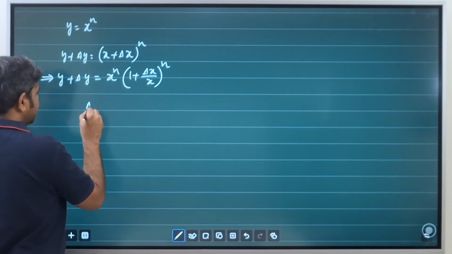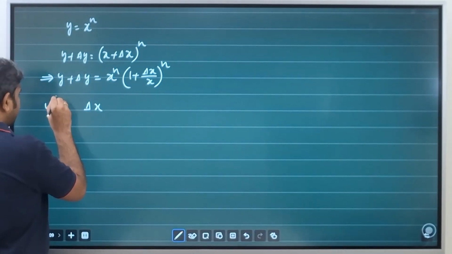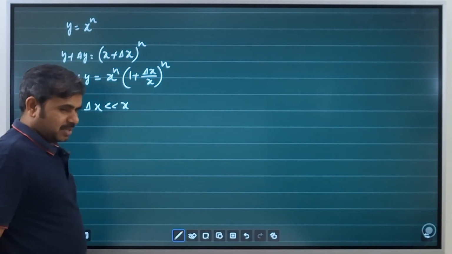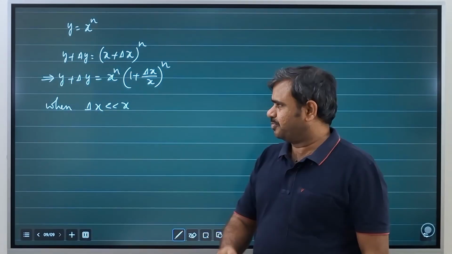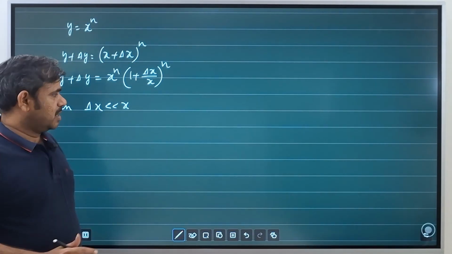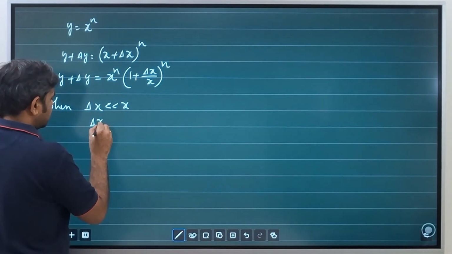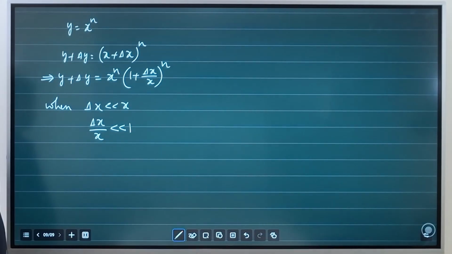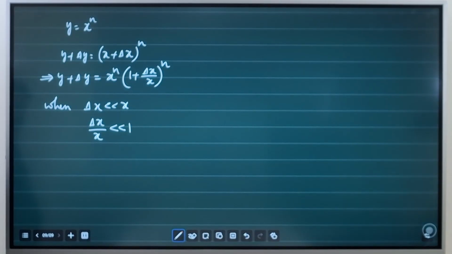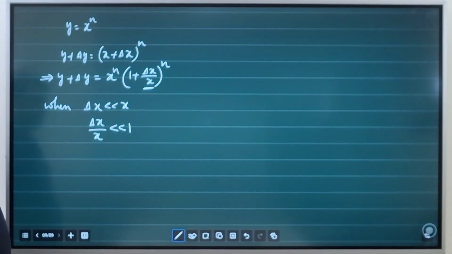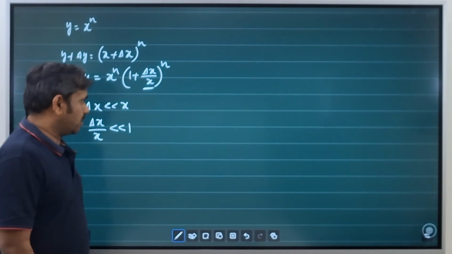Now, when delta x is much smaller than x, that means delta x tends to 0, and delta x by x is much smaller than 1. This is a term whose value is very small when compared to 1.